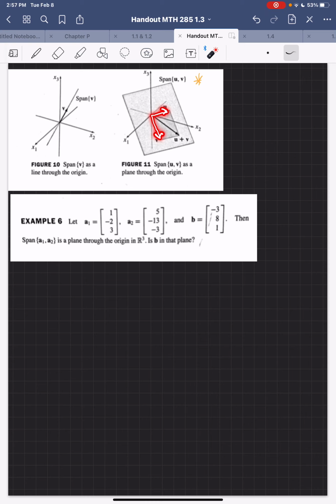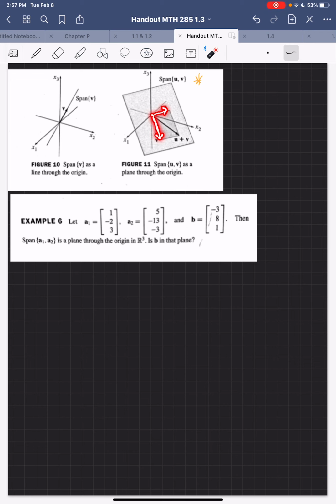Now you know that with two vectors, you can reach all the points in a plane, right? If you were to discuss the span of u and v, well, it is a plane.